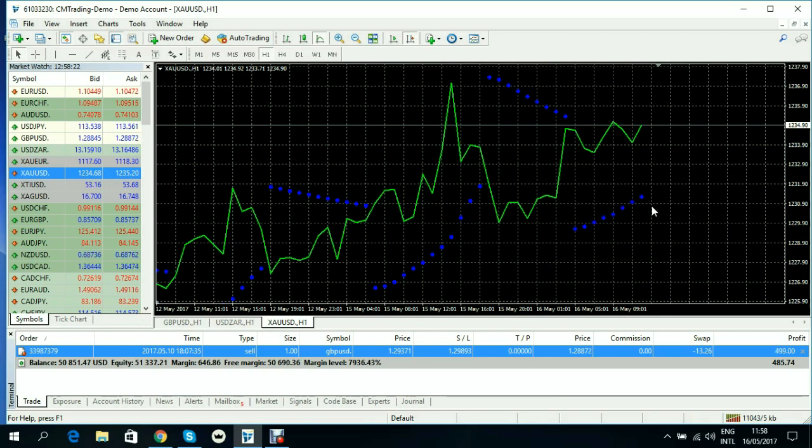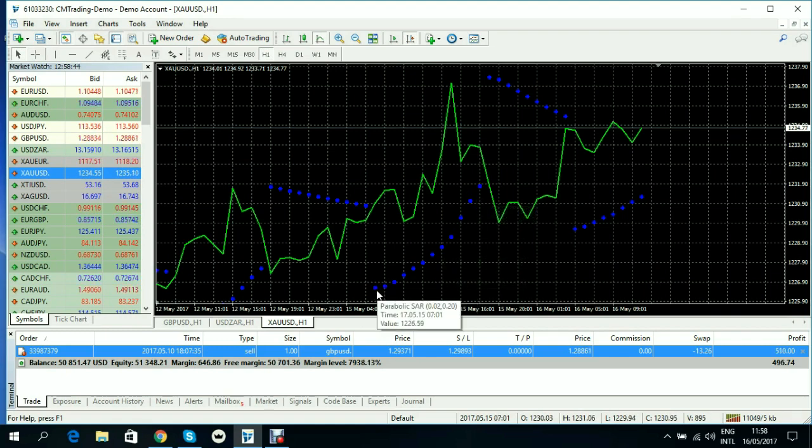Alright, this is how it works. When the dots appear below, okay, let me take the history. When the dots appear below, say here, okay, you can see the dots here.